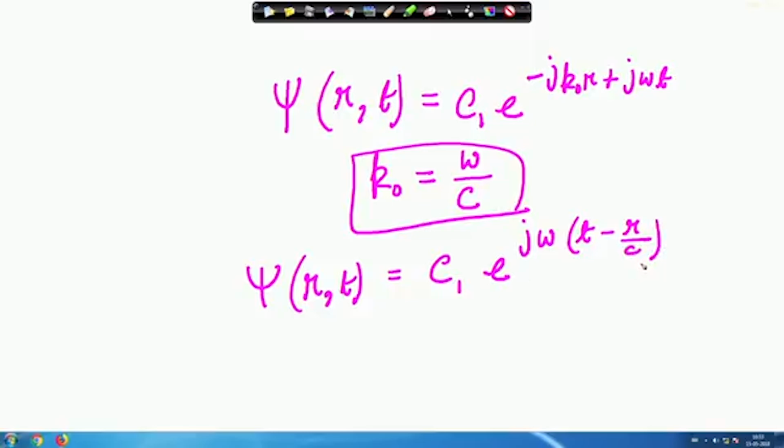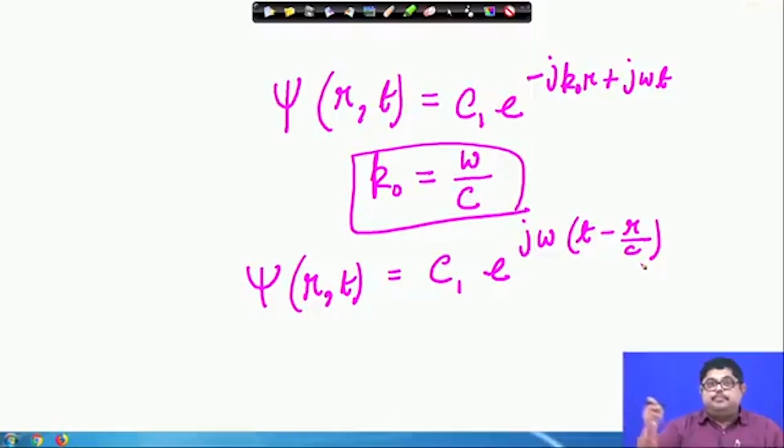So, this is definitely the equation of a wave which is travelling outward and reaching the observation point P in my drawing, at a time delay of r by c.